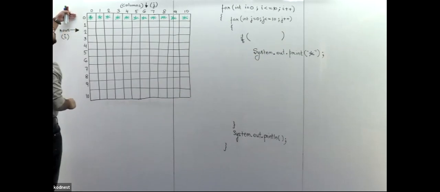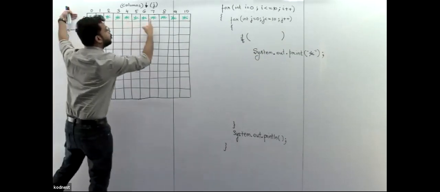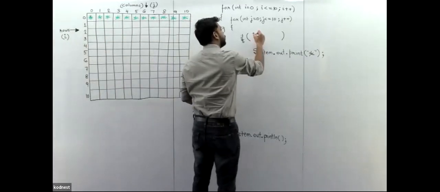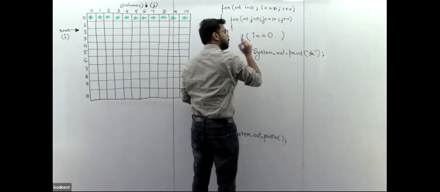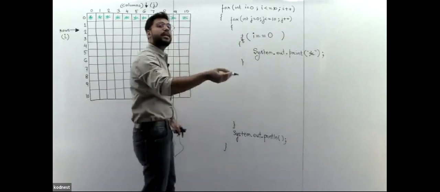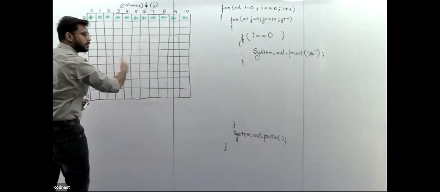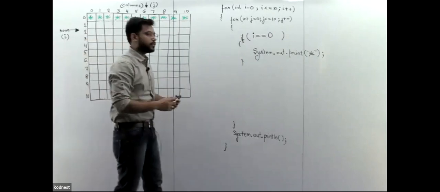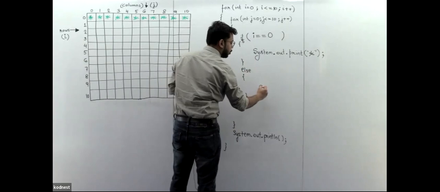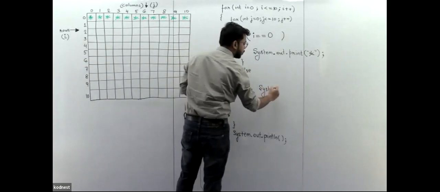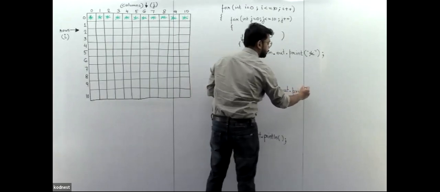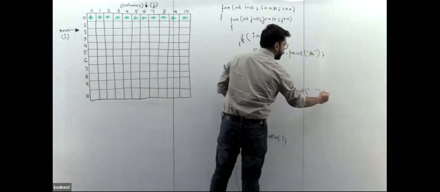If your i value is 0, everywhere I want to fill the stars. Only if the i value is 0, I want to print the stars. Otherwise, I want to print the space. System.out.print space. I will mention it like this.